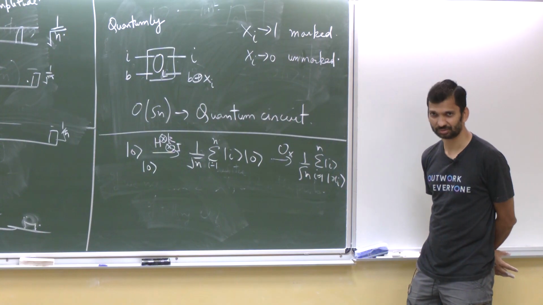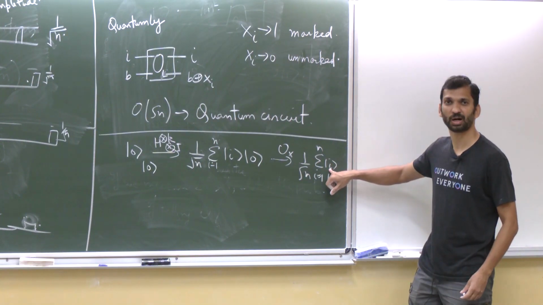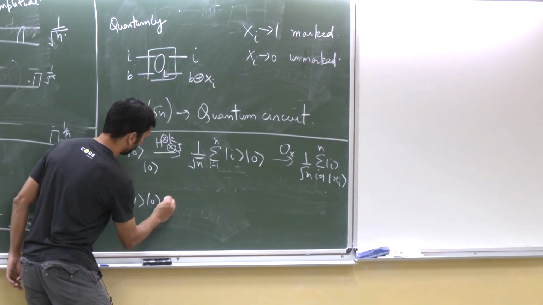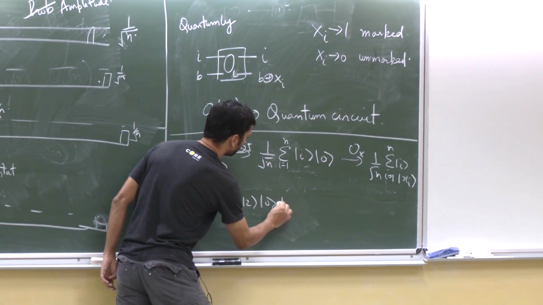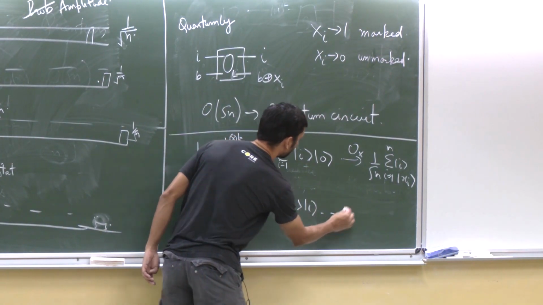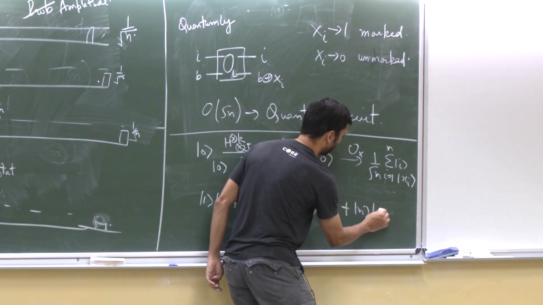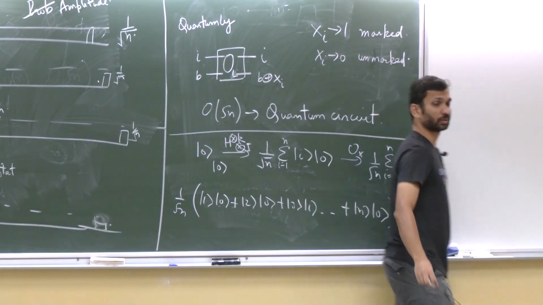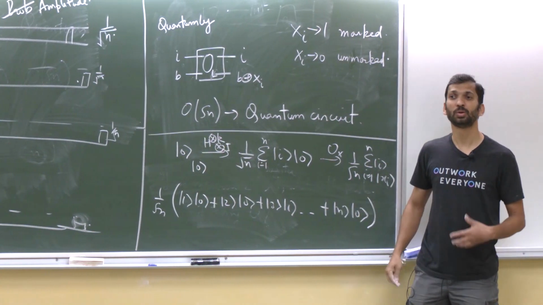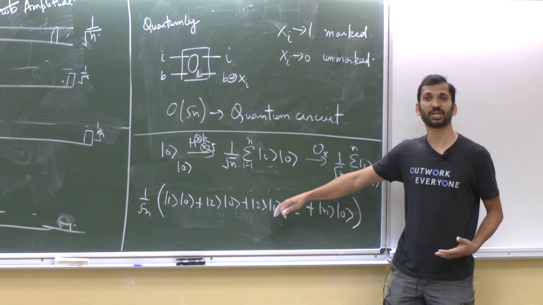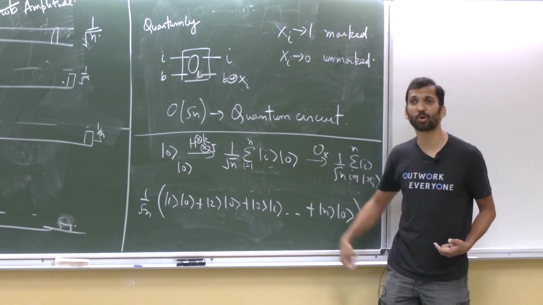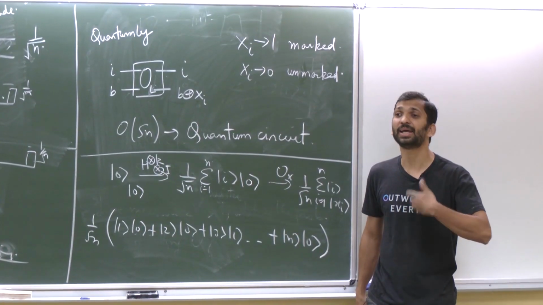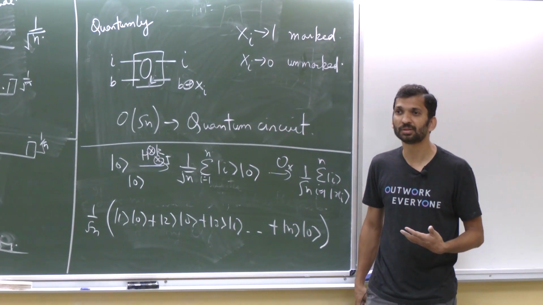1 by n. Right? So suppose my third element is marked, so this state would be as follows, and we very well know if right now I measure, I will get 1 with probability 1 by n. I can repeat this experiment multiple times.